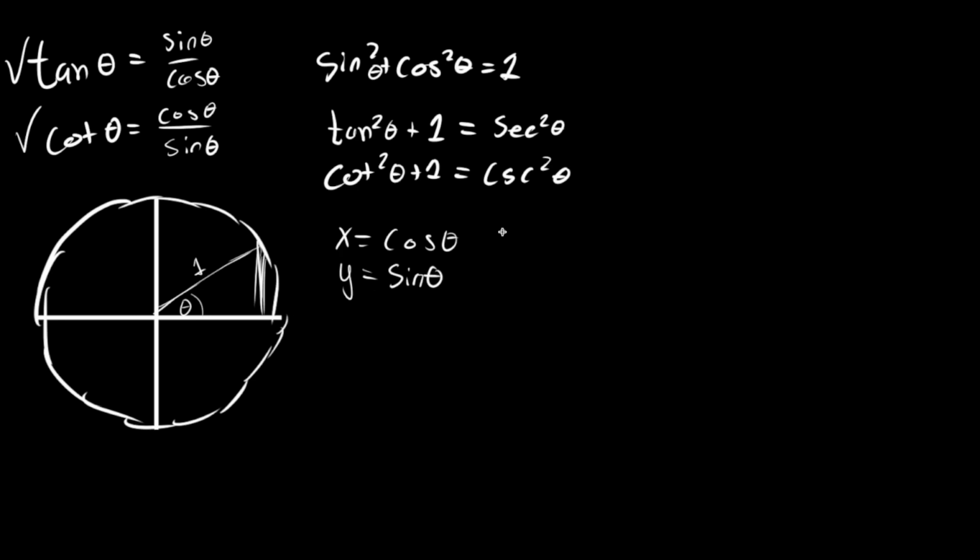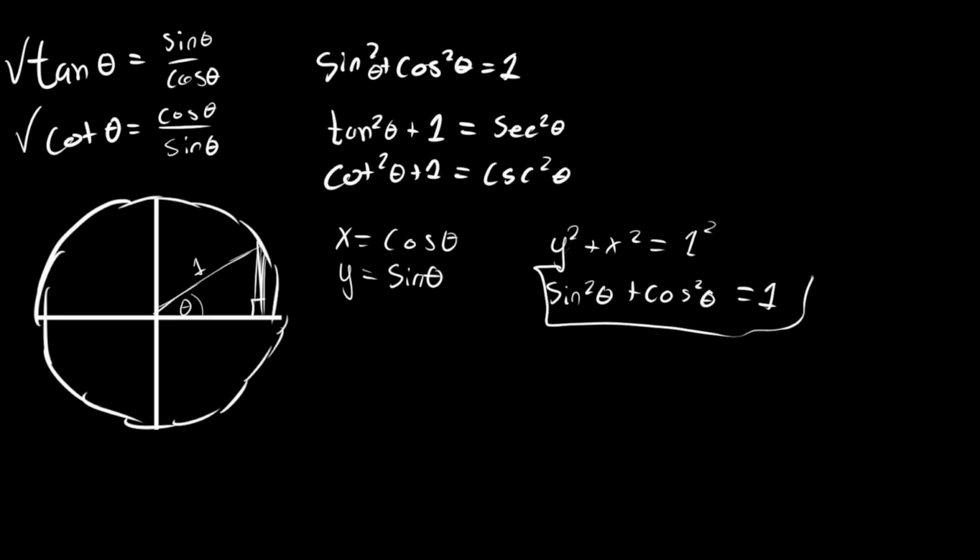So what we can do right here is check this equation and realize that this right here is our y, so y squared plus x squared. Because these are our sides, we're using our Pythagorean theorem because this is a right triangle. a squared plus b squared equals c squared, equals 1 squared, right? We could substitute this with, y is sine, so sine squared theta plus cosine squared theta equals 1 squared, which is just 1. So there we go.